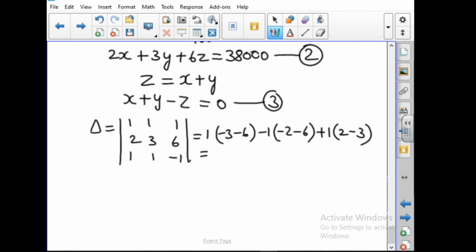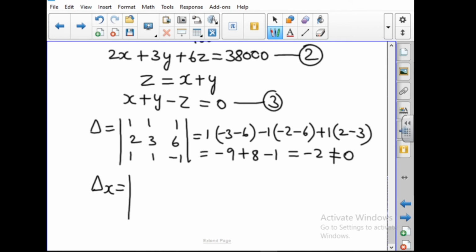So this is minus 9, this is minus 8 into minus 1 plus 8, and this is 2 minus 3 minus 1. So the answer here is minus 10 plus 8, minus 2, not equal to 0. So we got delta. Next we need to find out delta x.